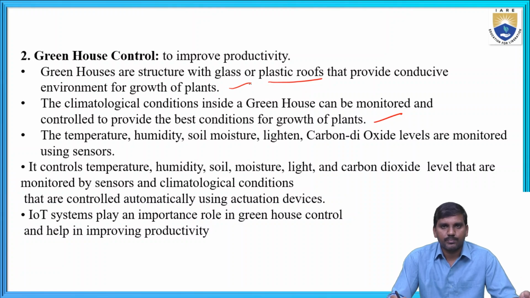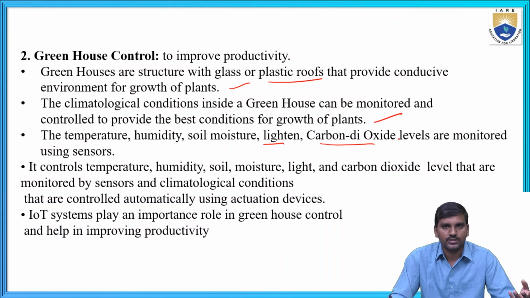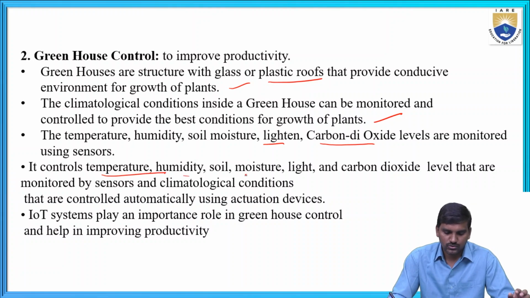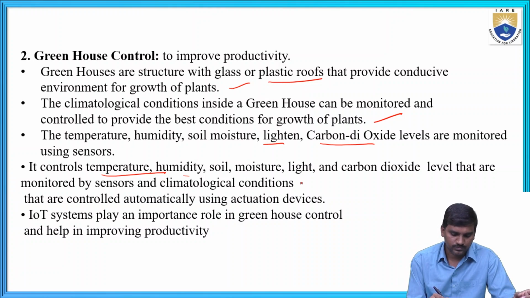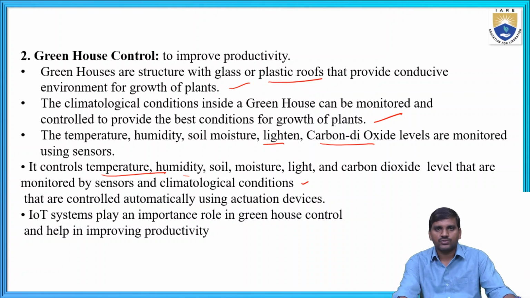Temperature, humidity, soil moisture, lighting, and carbon dioxide levels are monitored using sensors. Some gases will be released that can also be detected by the IoT devices. Temperature, humidity, soil moisture, light, and carbon dioxide levels are monitored by the sensors and conditions are controlled automatically using actuation devices.